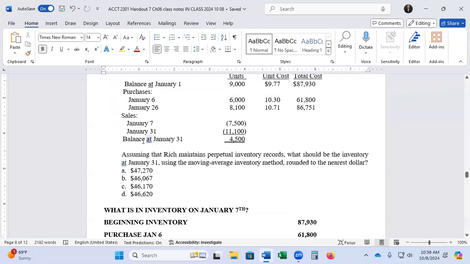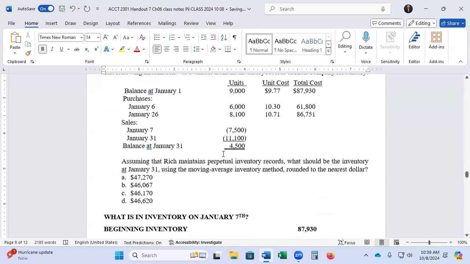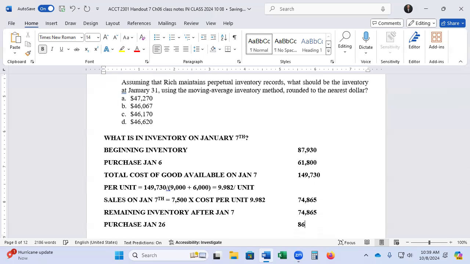Okay, and I'm scrolling up a little bit just to show. Now we have a purchase of 8,100 units at a total cost of 86,751. So purchase Jan 26th, $86,751.